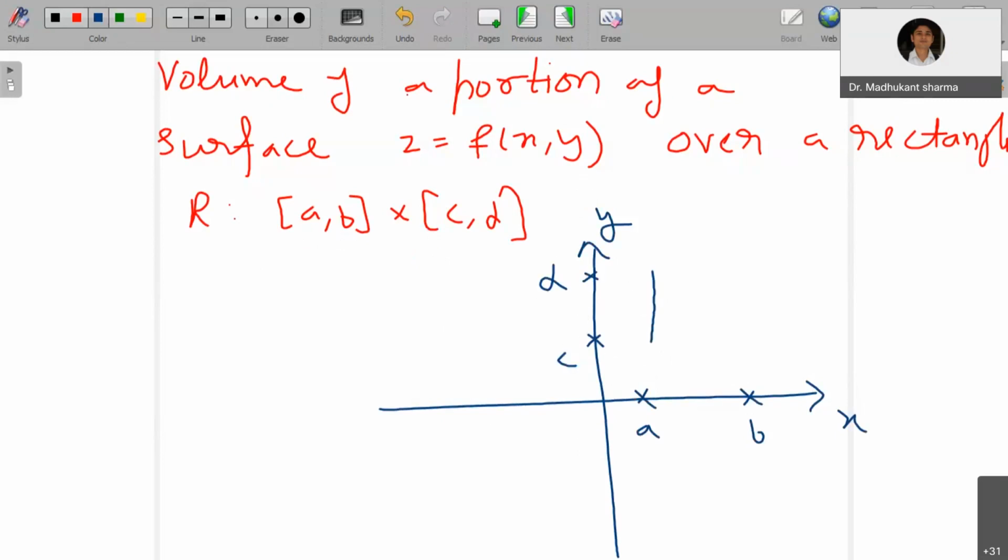So you have this rectangle, which is the intersection of these 4 lines. That gives you the rectangle over which we are talking. Now we are trying to identify the volume.